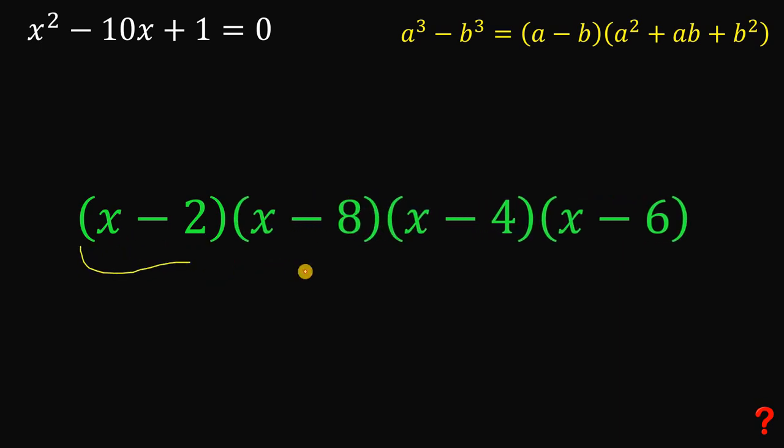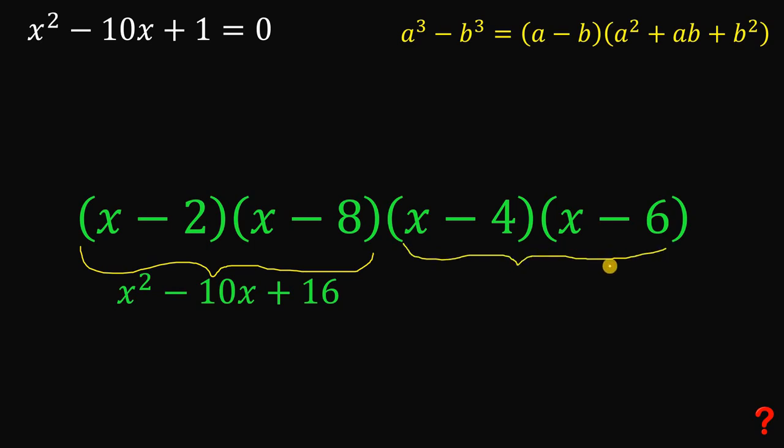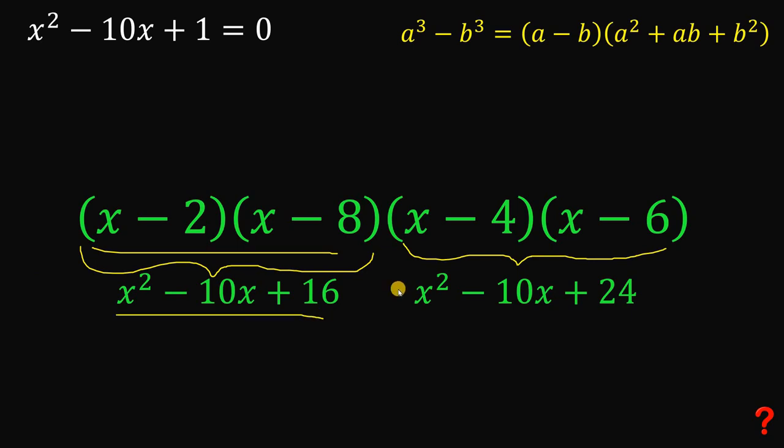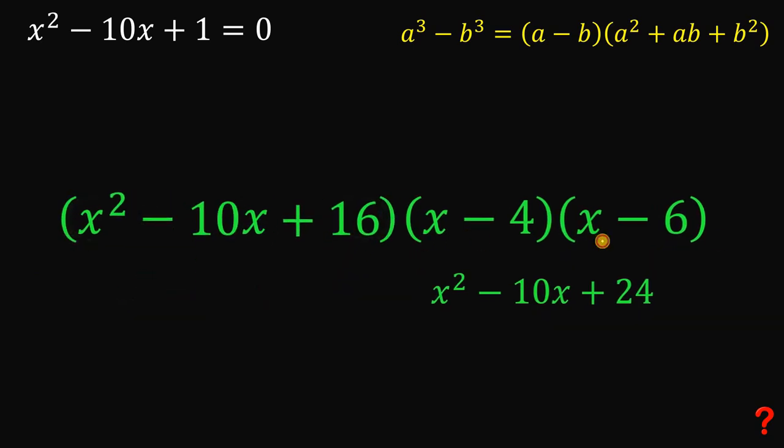And let's multiply x minus 2 times x minus 8. If we do that, we get x squared minus 10x plus 16. Now, if we multiply this factor, x minus 4 times x minus 6, we get x squared minus 10x plus 24. So, we can replace this factor with its equivalent and this factor with its equivalent.